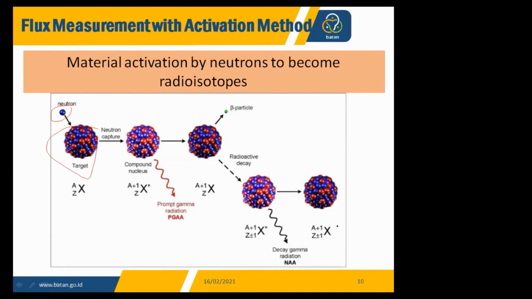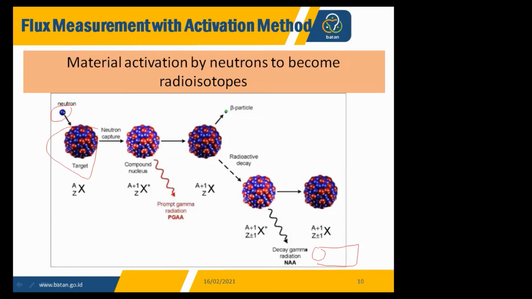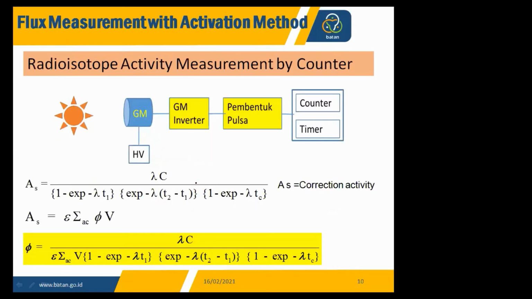So in this experiment procedure, we use a gamma detector like this one to calculate how much activity comes from the radioactive decay of the sample.